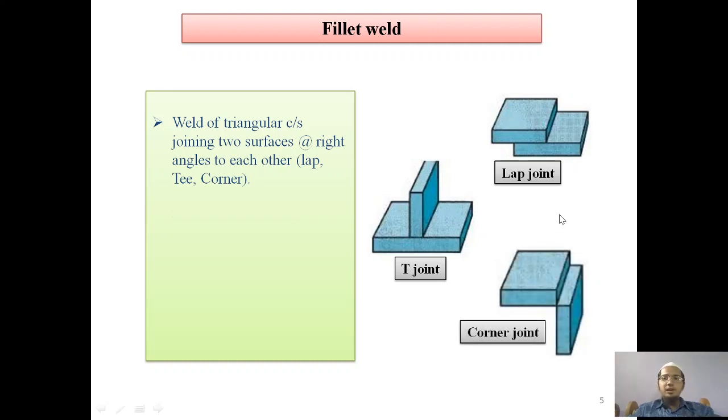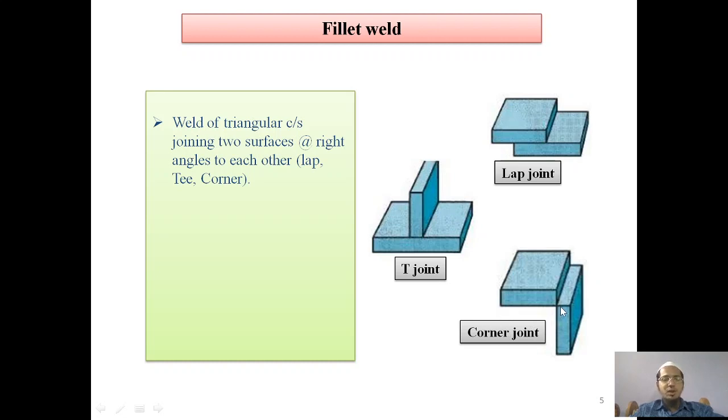Now these lap joints, corner joints and T joints are connected by means of flat weld as we have discussed. These corner joints are generally used to connect sheet metals, light sheets, heavier metal sheets, and for joining and designing of boxes, frames and other similar fabrication purposes.